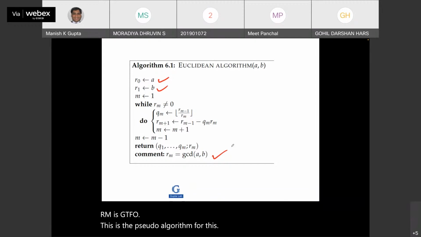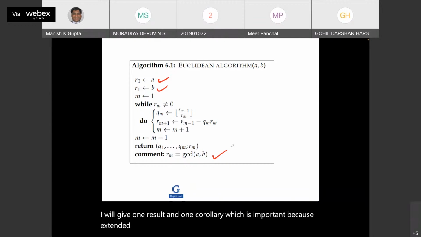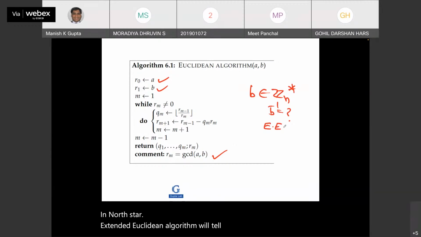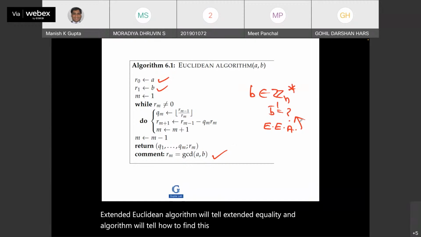Now, before defining the extended Euclidean algorithm, I will give one result and one corollary which are important, because the extended Euclidean algorithm, as I mentioned, is an algorithm for finding the inverse of element b. So if b is an element in Zn star, the extended Euclidean algorithm will tell how to find this inverse.